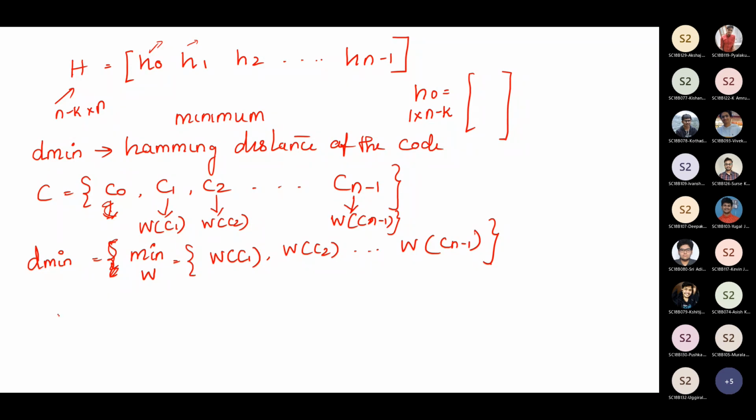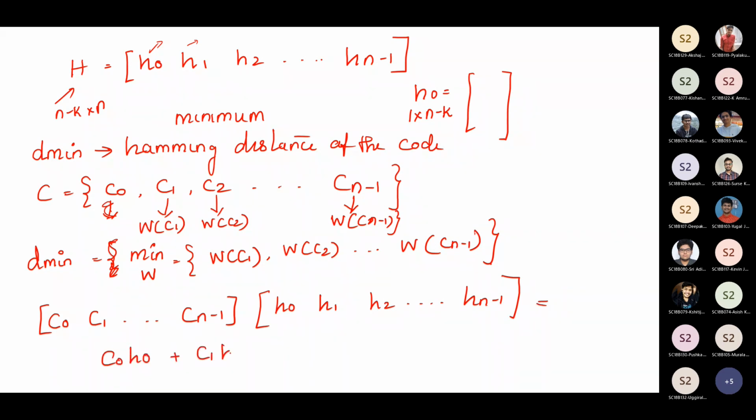Now you see I have a code word C0, C1 up to Cn minus 1. When it is multiplied with these column vectors H0 to Hn minus 1, this is C0 H0 plus C1 H1 plus C2 H2 up to Cn minus 1 Hn minus 1.